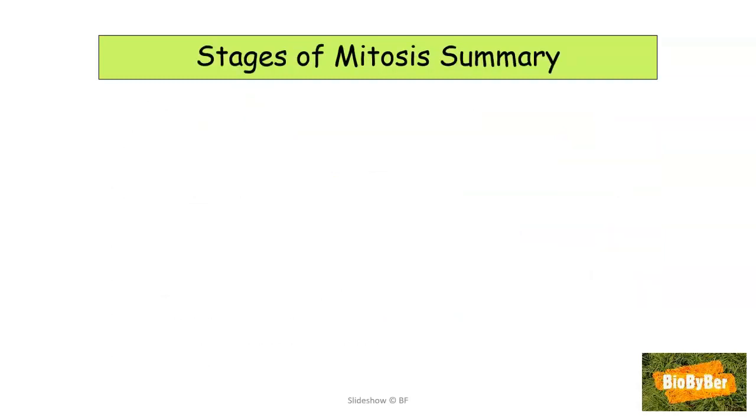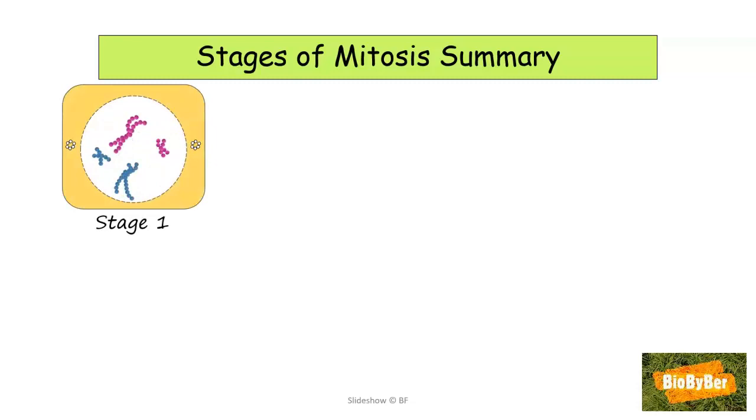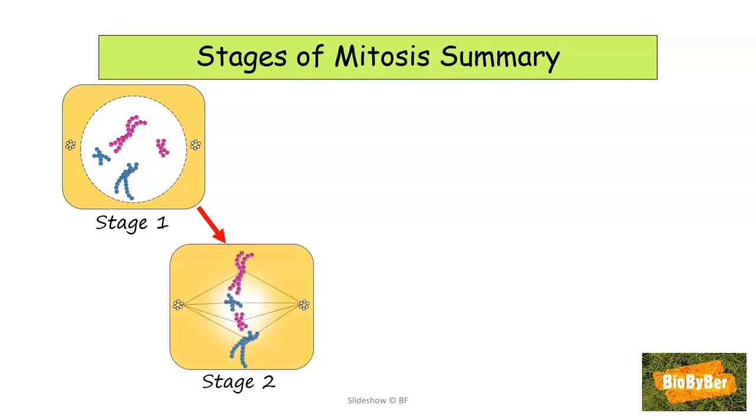So the stages of mitosis are stage 1, where the nuclear membrane disappears, the chromosomes are visible and they are double-stranded. Stage 2, where the chromosomes start to line up across the center of the cell and spindle fibers are formed.